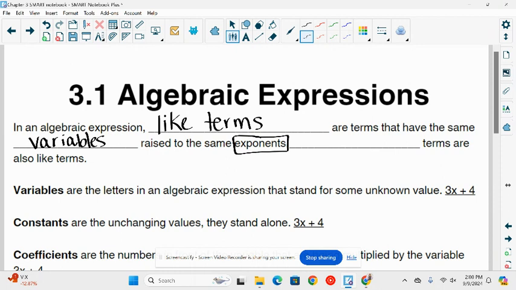Y'all are same variables, y'all are same exponents, and I point to you. Ready? 1, 2, 3. Same variables, same exponent. Y'all are terrible, and y'all are the cheerleaders.